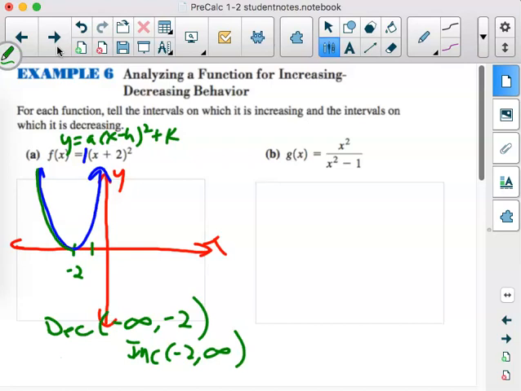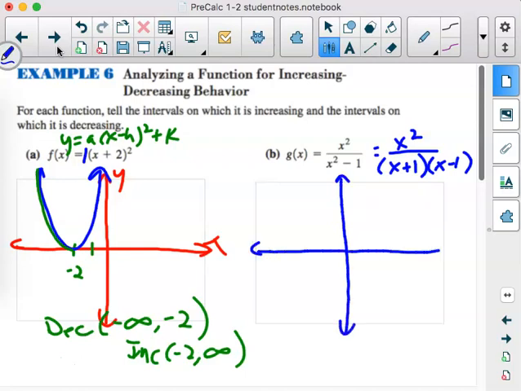So we could use tables, but really these kind of problems we intend for you guys to think a little bit about the zeros in the denominator, which is in tomorrow's lesson. Because those zeros that we see in the denominator cannot cancel out with anything in the numerator, they are going to be vertical asymptotes. So we're going to have a vertical asymptote at -1 and a vertical asymptote at +1.